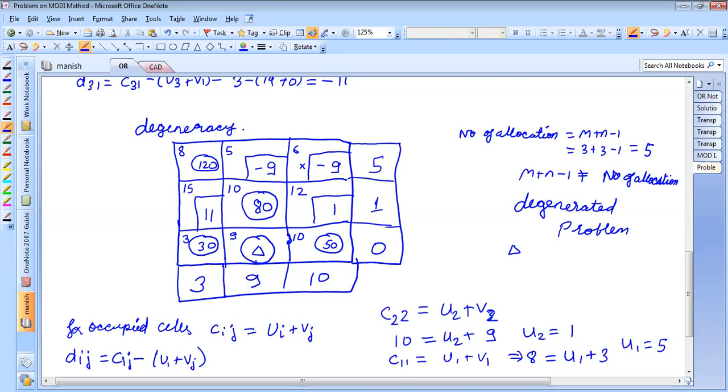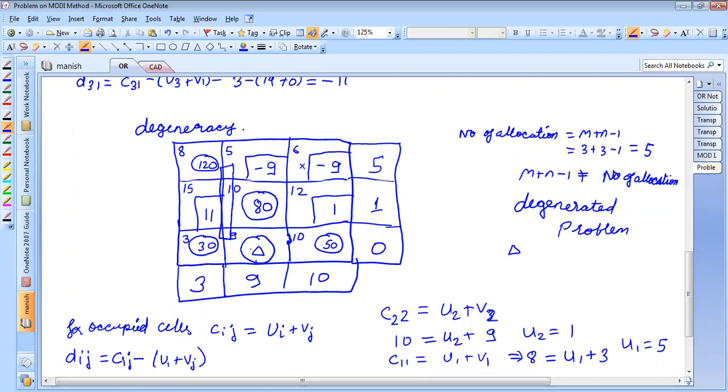First thing, we will select a path in which the allocation or the turn is not at the delta. Now, if you see, if I select 5, my path will go like this. Yes.